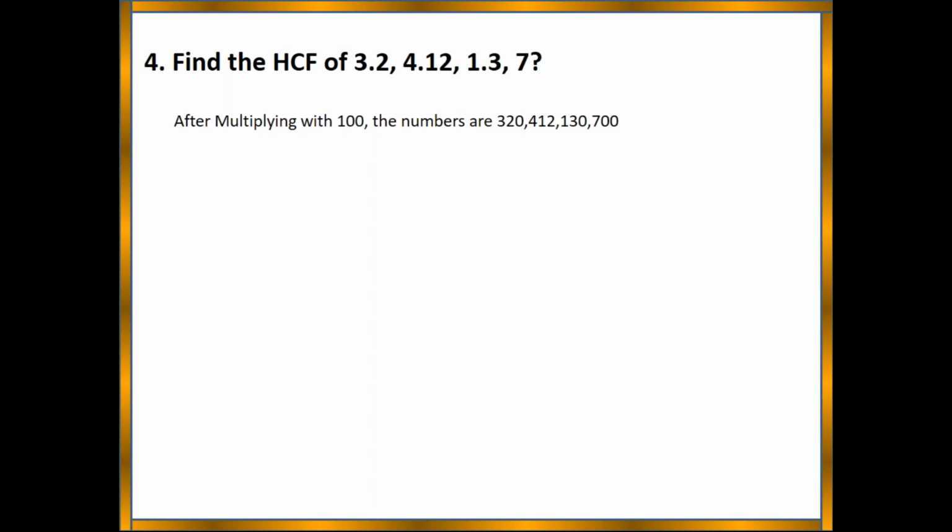You can take any two numbers for the division method, no problem. Take 320 and 412. The smaller number is the divisor. So 320 goes into 412 once, and 92 is the remainder.